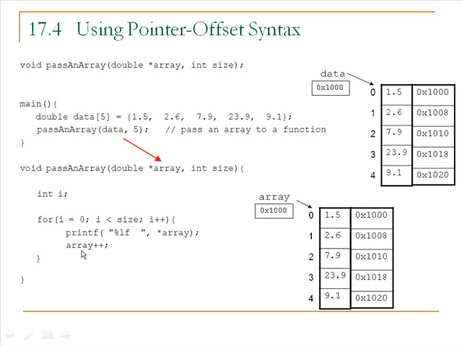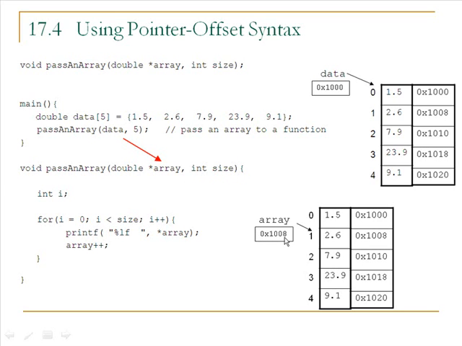Now, this is new, adding 1 to an address. When we add 1 to an address, we don't actually add 1, we add as many as it would require to move to the next element of the array. So C knows that because the data type of array is a double pointer, when you add 1 to a double pointer, you actually add 8.